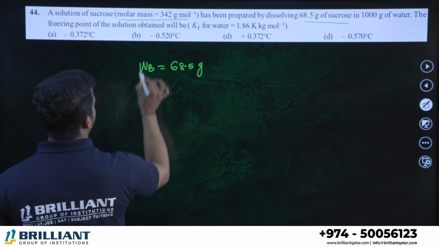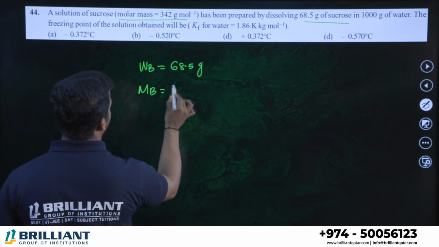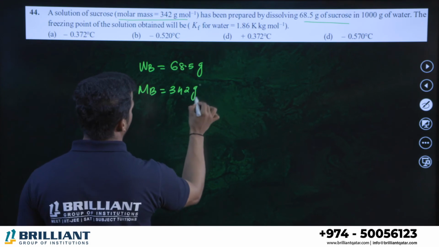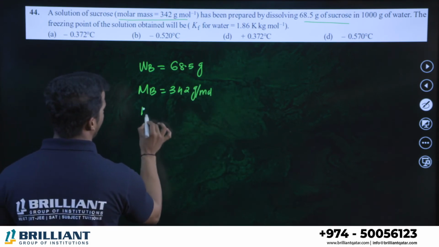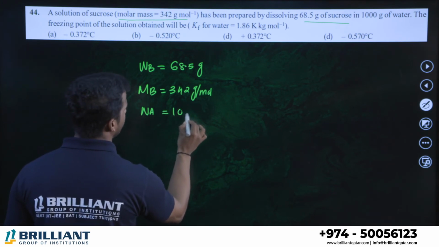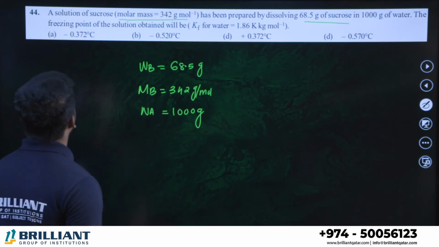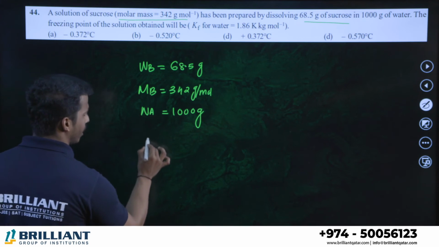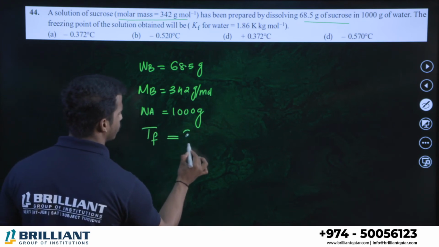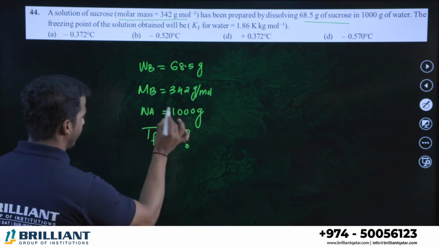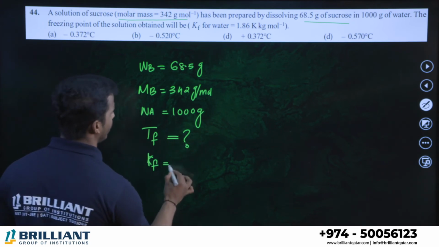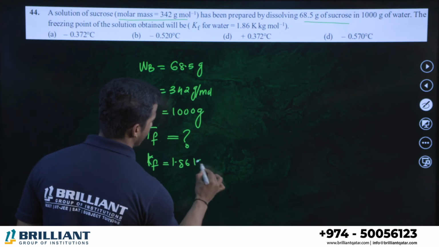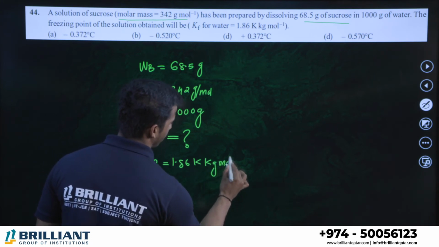The molecular weight of the solute MB is already given, 342 gram per mole. The weight of solvent is also given, 1000 gram of water. We are supposed to calculate the freezing point of the solution, TF, and the cryoscopic constant KF value is already given, 1.86 Kelvin kilogram mole inverse.